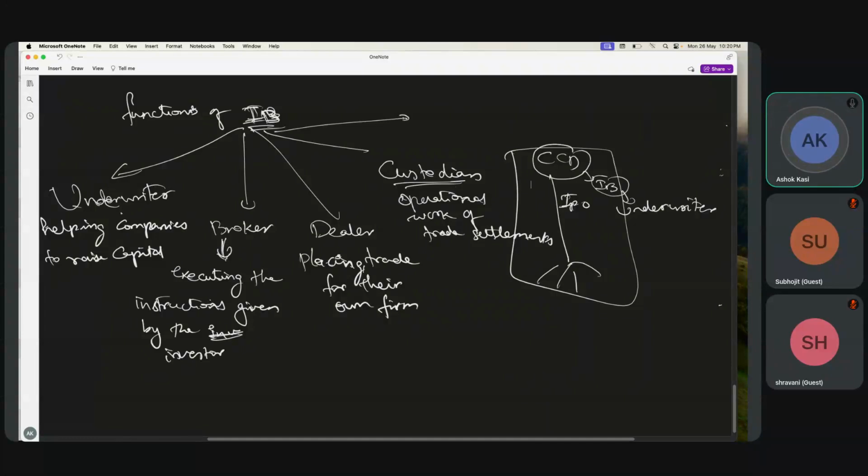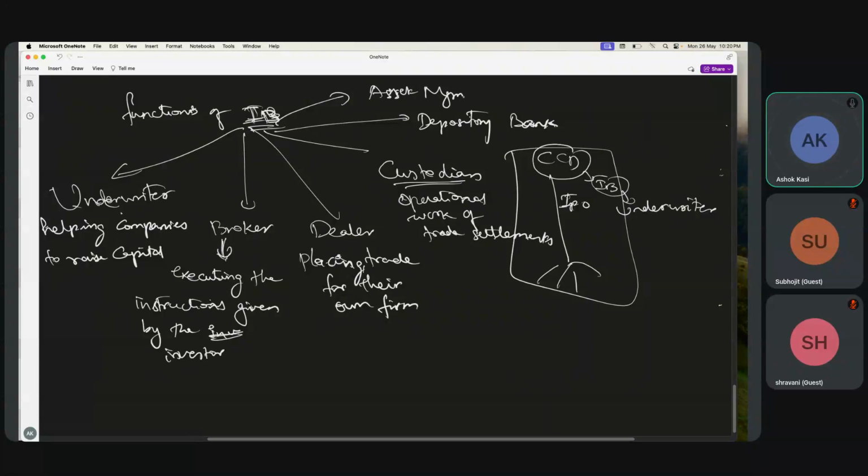Then, like this, there are many. They act as the, okay, anything else? Depository bank. We will be seeing this depository bank in this subject itself, at a later stage. Like this, many functions are there. Okay, they are into asset management. Big one, asset management.